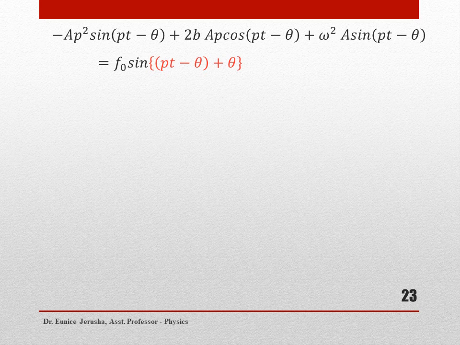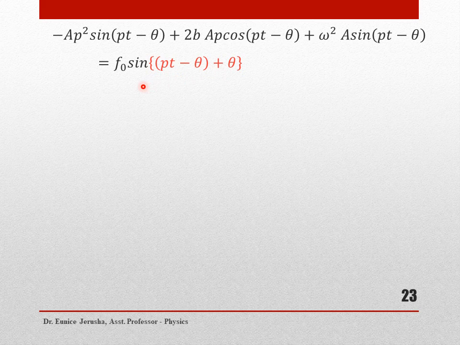A small modification is done to the sin pt term present on the RHS of the equation. We have subtracted theta and added theta to the pt term on the RHS. Therefore, pt minus theta can be considered to be a and theta can be considered to be b.